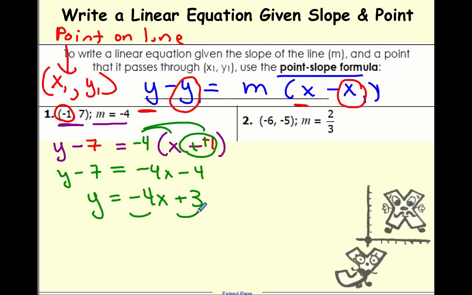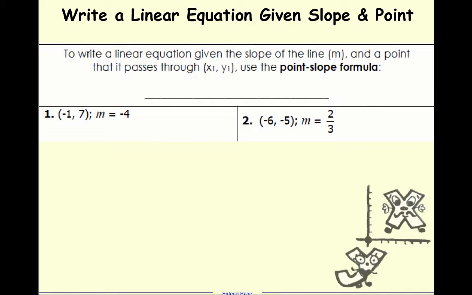I told you I was going to show you one more way, so let me show you another way we can do it. I know that in slope-intercept form this equation would be y equals -4x plus some number I don't know, so I'm going to write that as b. Since this point is on the line, it has to be a solution to this equation.